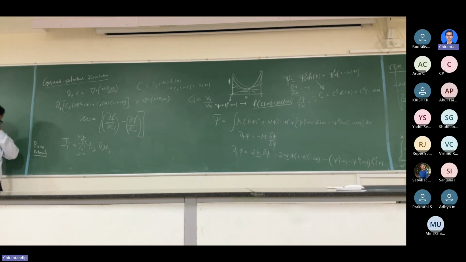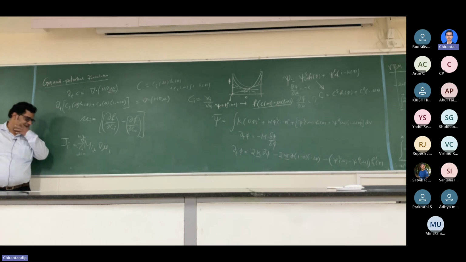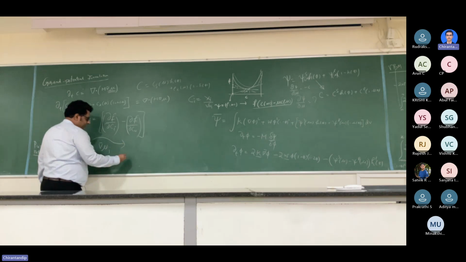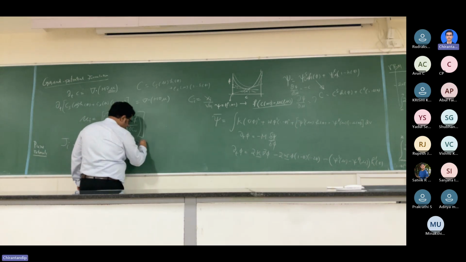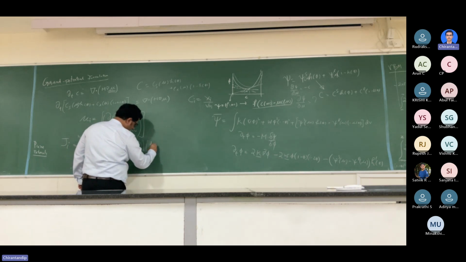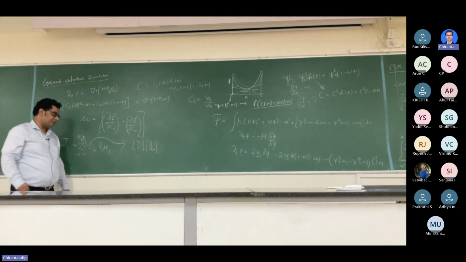That's your mass flux. What is Mij? Mij is the mobility, and this has a direct relation with the diffusivity D. These are written in very different ways.